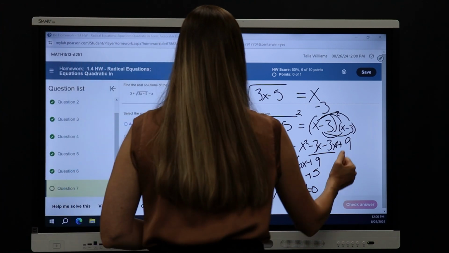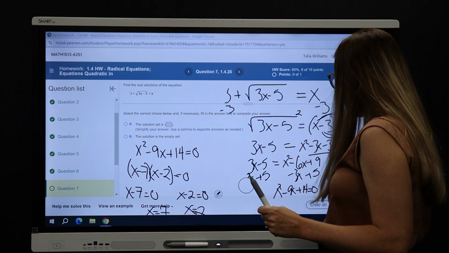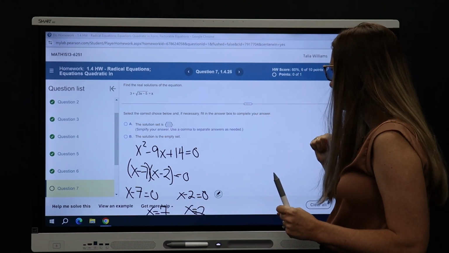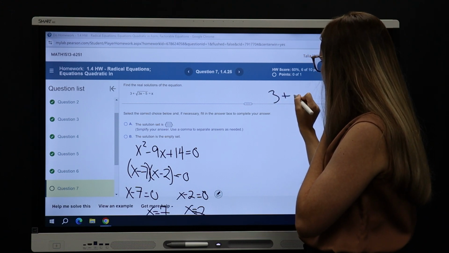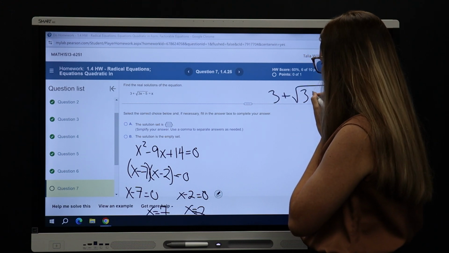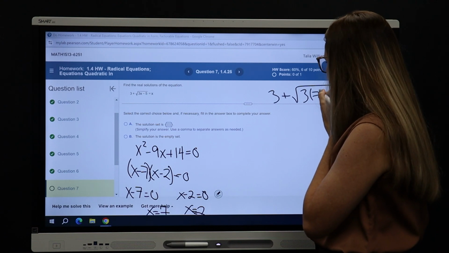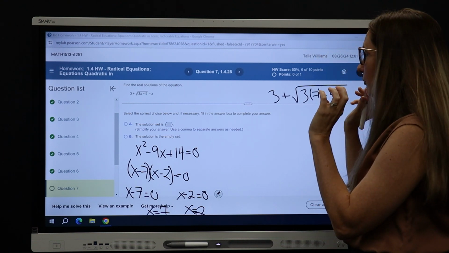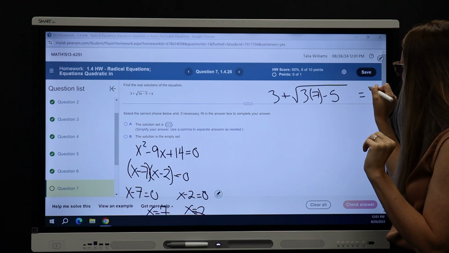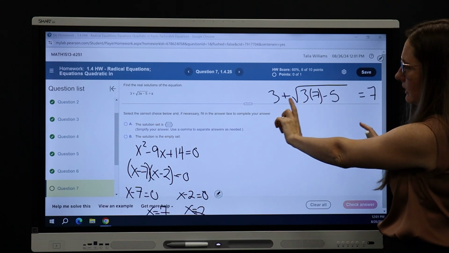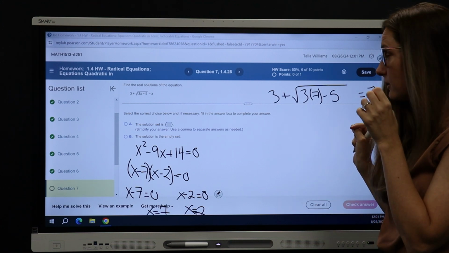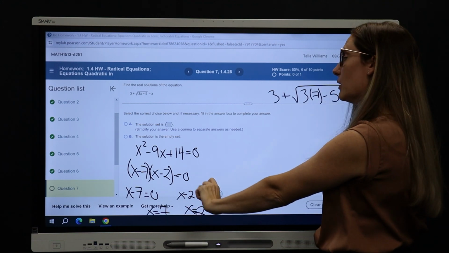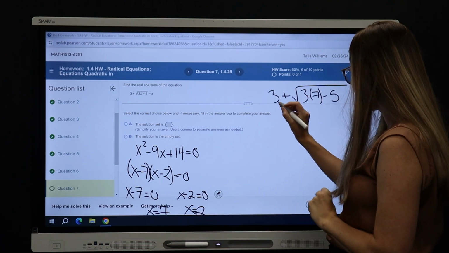Okay. Now then I'm going to erase this so that we can check our problem. So I'm going to have 3 plus, we're going to do each of these, the square root of 3 times 7 minus 5. And we want this to equal 7. So I put 7 in for x in our original equation to make sure that both of these solutions work.